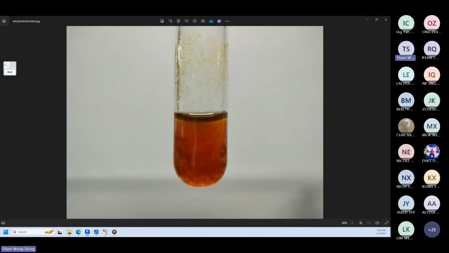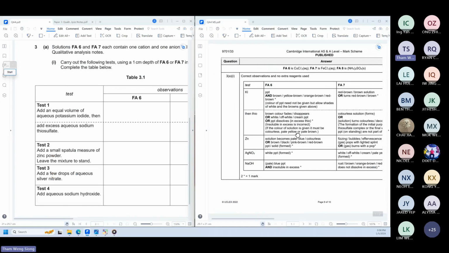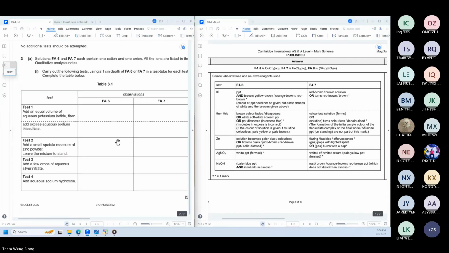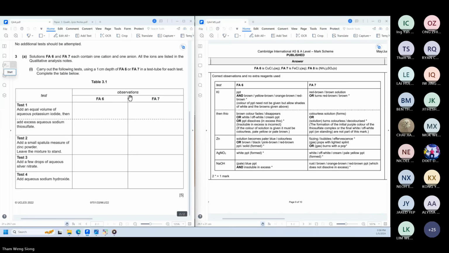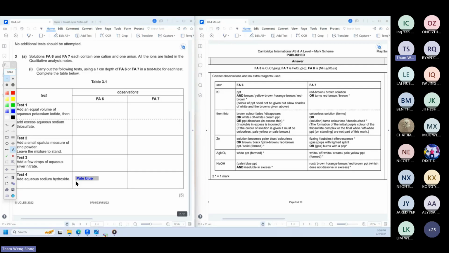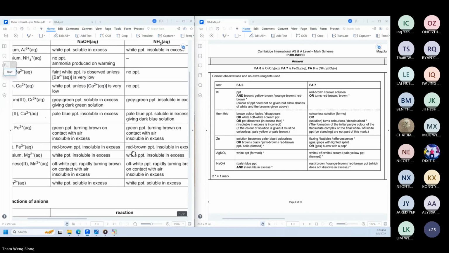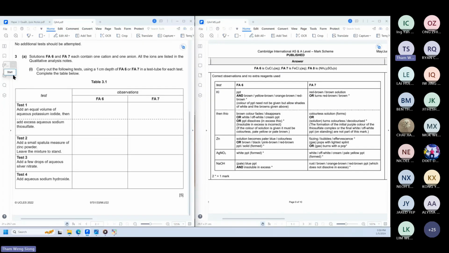Can I now move on? Okay, now let's look closely. This one, the bottom here, all of you got it correct. Just copy only. So for this one, pale blue precipitate forms, insoluble in excess. This one is red-brown precipitate. Follow exactly, sorry.